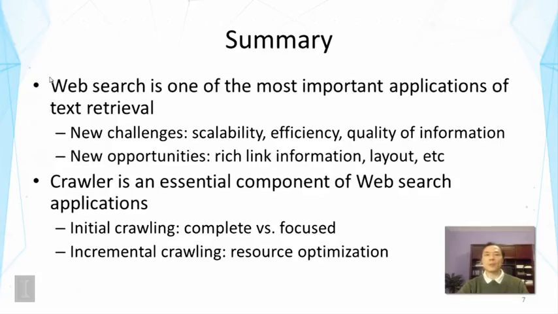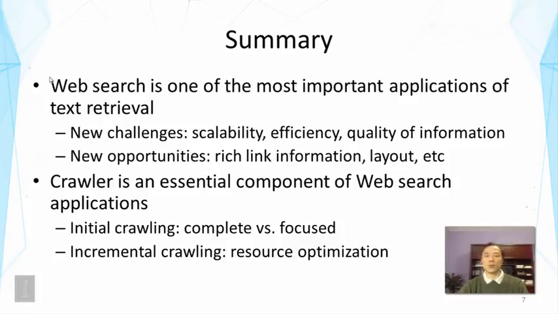So to summarize, web search is one of the most important applications of text retrieval, and there are some new challenges, particularly scalability, efficiency, and quality of information. There are also new opportunities, particularly rich link information and layout, etc. A crawler is an essential component of web search applications. And in general, we can classify two scenarios.